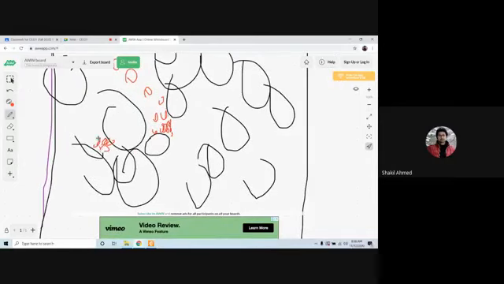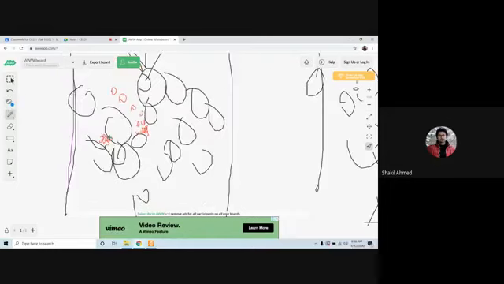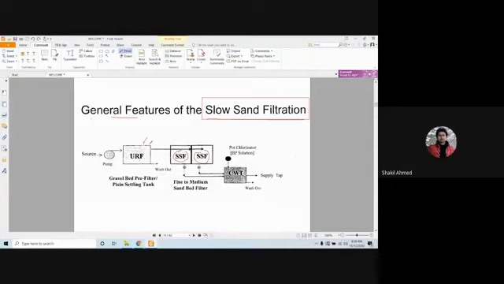If this blocks the pore spaces, then water will not flow. So that's why we are reducing the pollutant load to some extent by applying an upflow roughing filter before it goes to slow sand filter. Is it clear? Yes, sir.